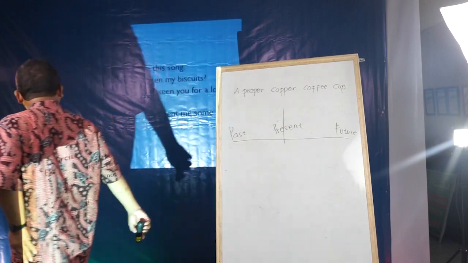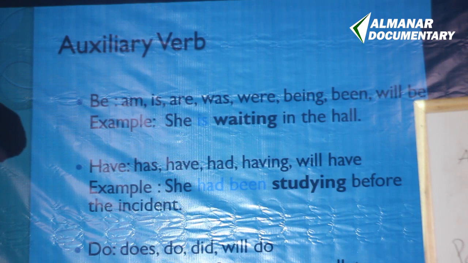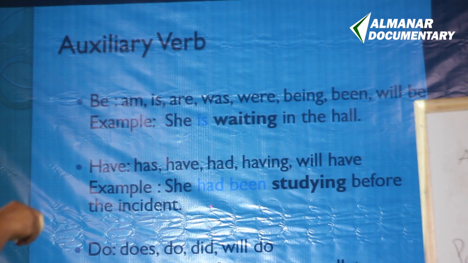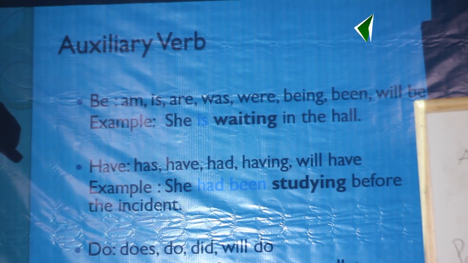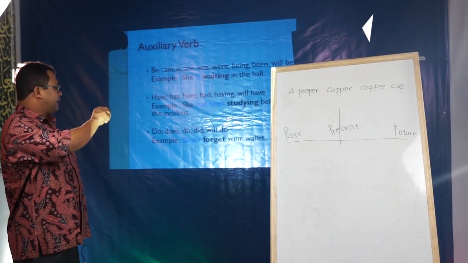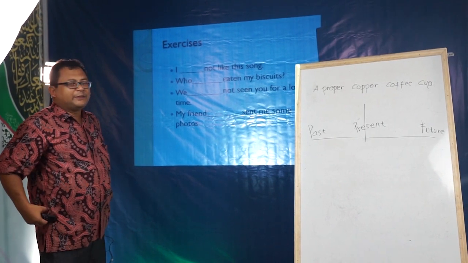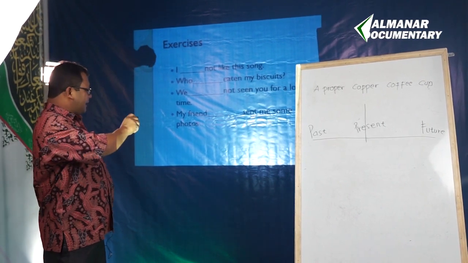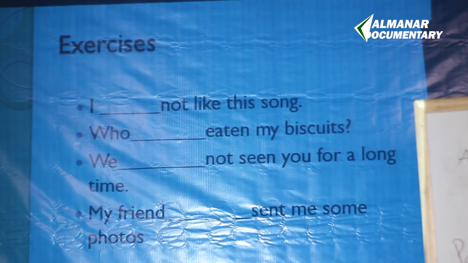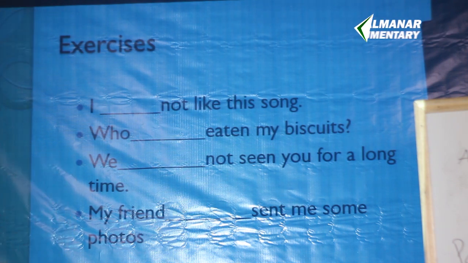I would like to suggest you, based on this before, which part of be, or which part of have, or which part of do that we are going to supply in the underline. I do or I have not like this song? I do? Sure? Why I do not like this song? Why not? I am not.